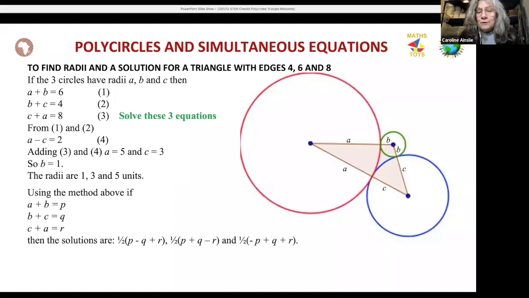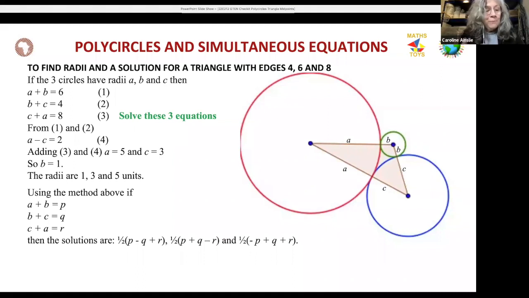Thank you. We've had quite a few answers coming in there, as people have been working it out: 1, 3, and 5. Now, using the method above, you can actually find a generalization, a general formula, an algebraic way of saying it.